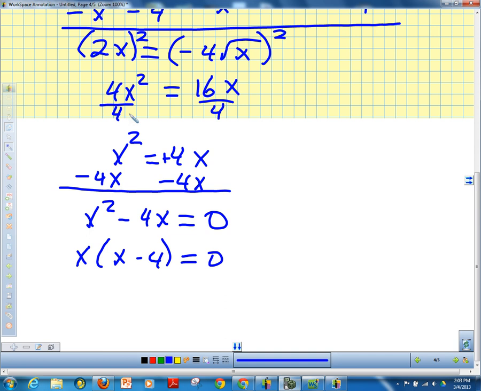I divided 16 by 4 and x squared by x, and that's x equals 4. So you divided like that? Could you do that? Sure. Then if we did that, we would get x equals 4.